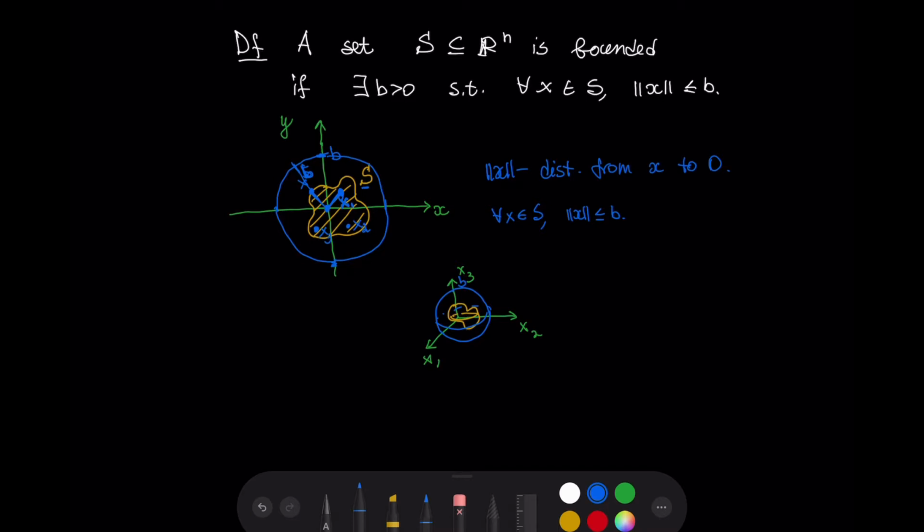So we can generalize this notion. We can define a ball in Rn, and it actually is true that if a set is inside of a ball in Rn, then it is bounded. It's another way to look at bounded sets.